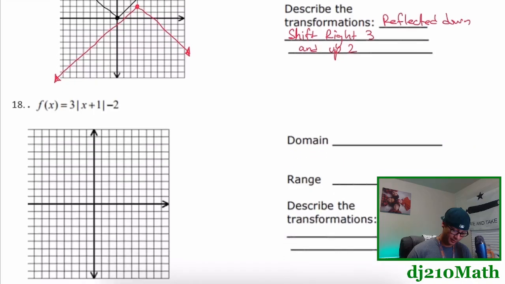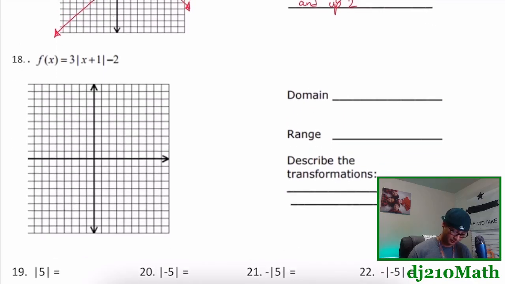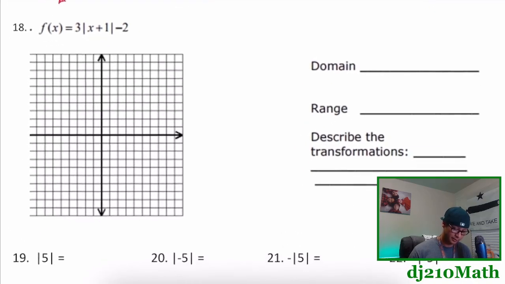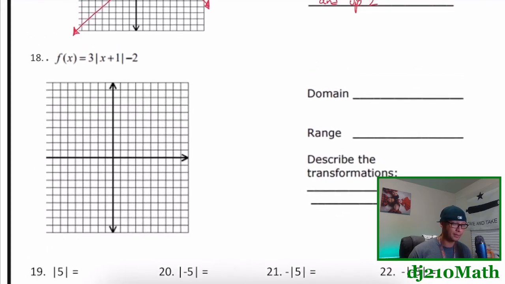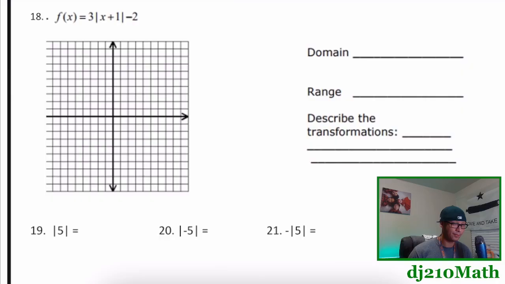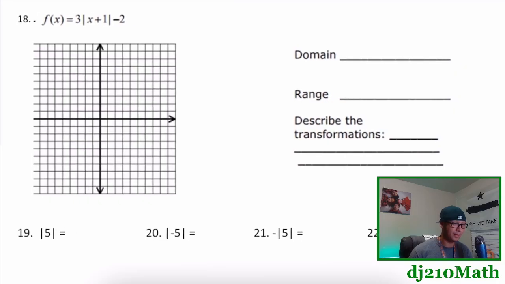Okay, last one. Actually, no, it's not. There are some at the bottom. All right, so 18. We have 3 times the absolute value of x plus 1, minus 2. So this is going to go down 2. This part, left 1.